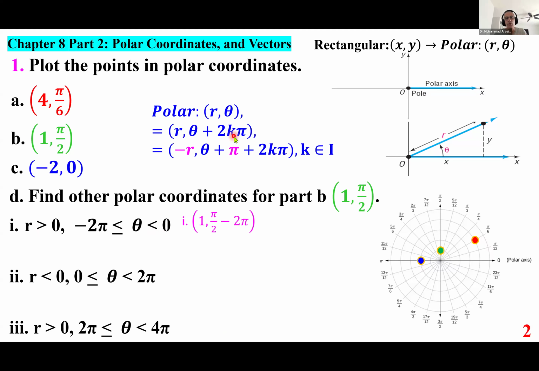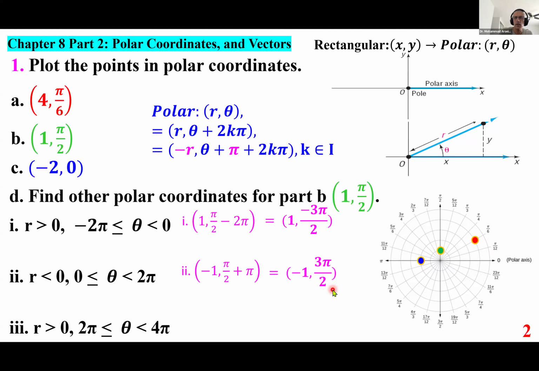In this case, we're going to subtract. And it gives us 1 comma negative 3 pi over 2. And if you want r to be negative, that means you want to make this one negative, then you have to add odd multiples of pi. For example, let's add 1 pi, and we get negative 1, 3 pi over 2.